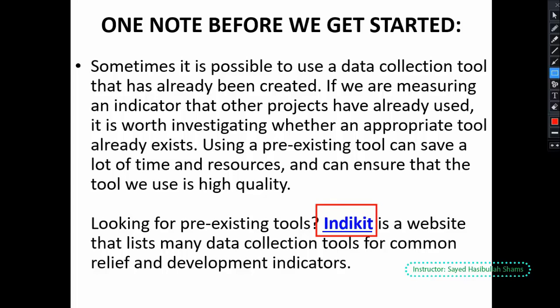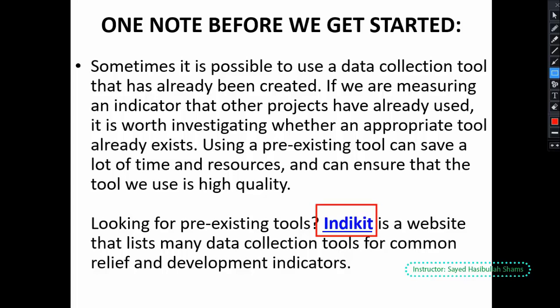You can use this form with a reference because it's like a copyright. So you can find very high quality tools on this website, and when people start the data collection tools from their own department or from their own site, please refer to this website.